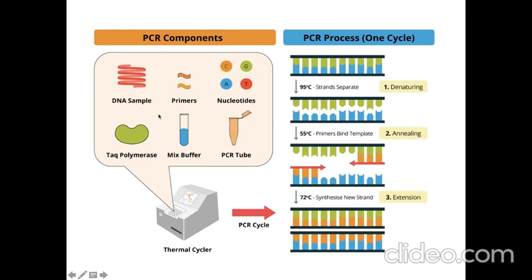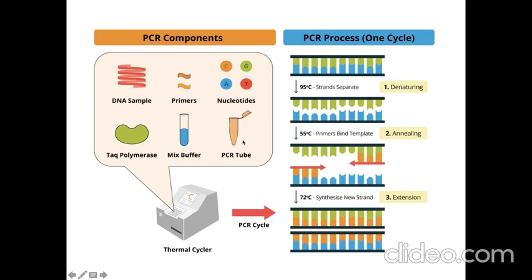So by mixing all these substances and putting them in the thermocycler, 3 steps happen during the polymerization process. Denaturation, which dissociates the double-stranded DNA from each other.